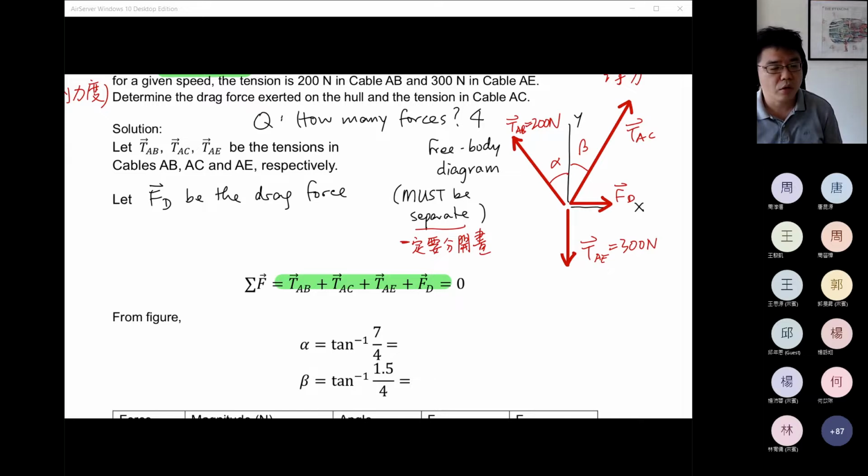If you have got your notes, draw it on your notes. If you don't have your notes, draw it on any piece of paper.